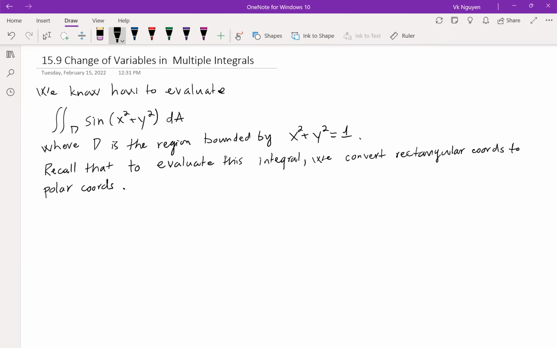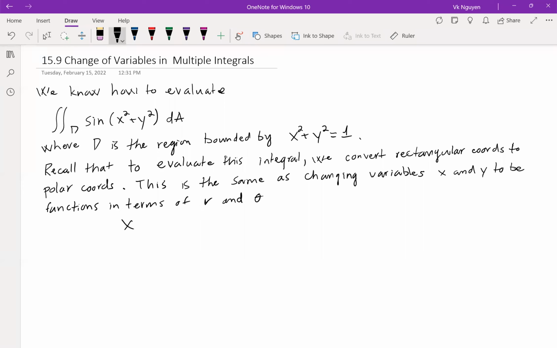Now, it is the same as changing the variables x and y to be functions in terms of r and theta. x is r cosine theta, y is r sine theta. We did this before already. We can use the same idea to do the following example.